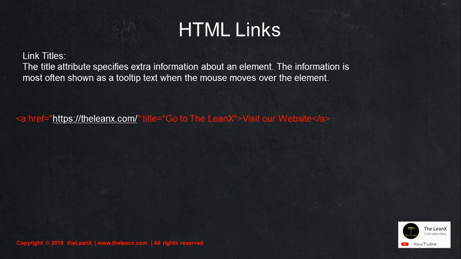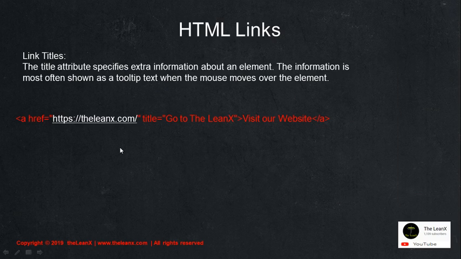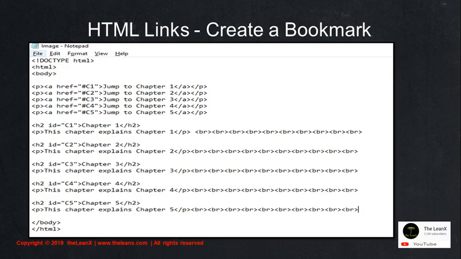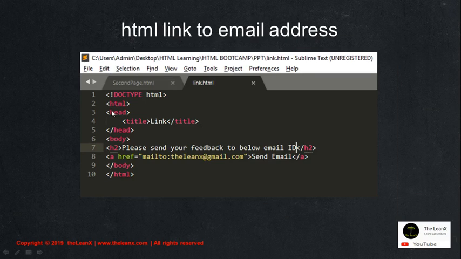We have also seen the title link, so whenever we move our mouse over the link, something is written in the form of a title. Then we have seen how to create a bookmark. If I click on chapter number 2, chapter number 2 will come. If I click chapter 5, chapter 5 will come.